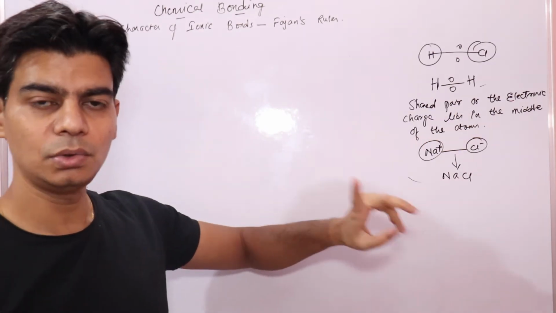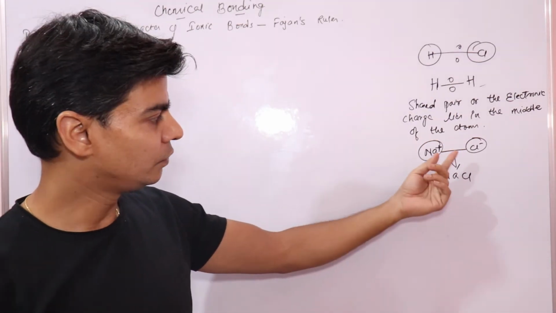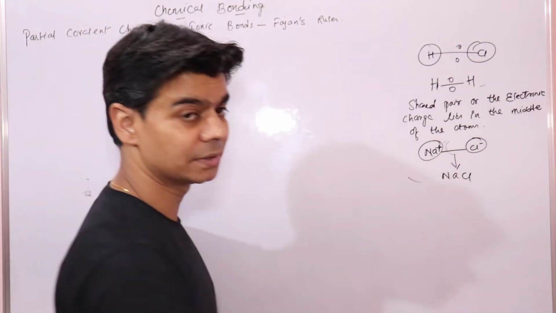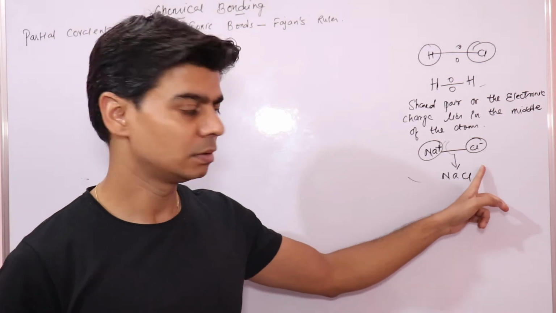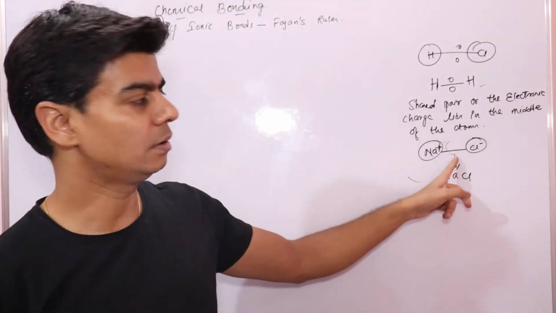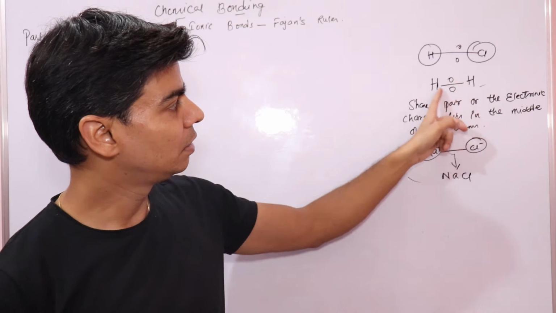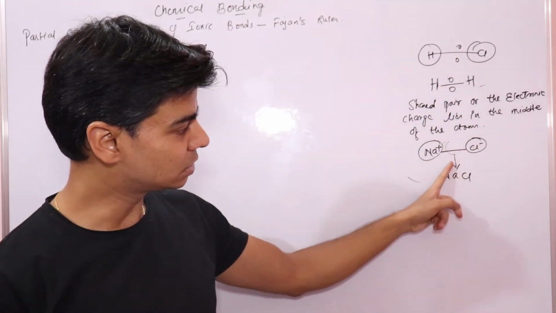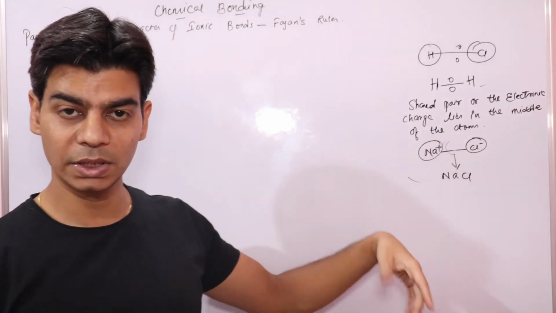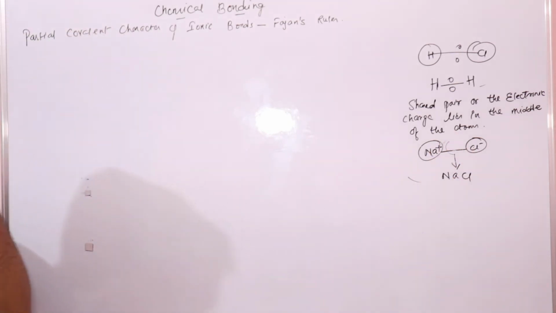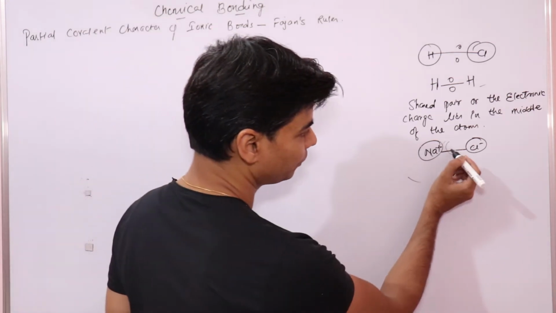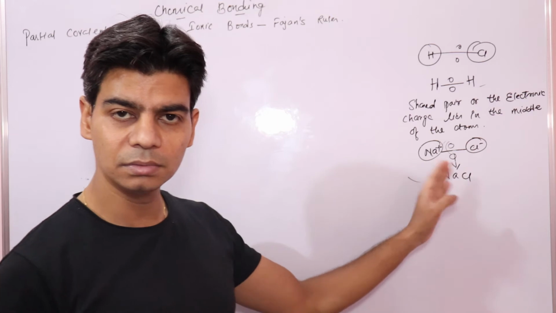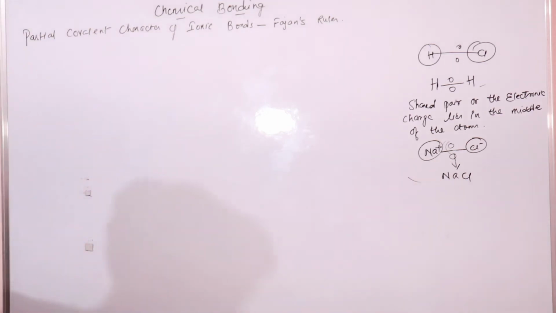To have covalent character we should have some electronic charge between the combining atoms, that is sodium and chlorine, like we have electronic charge between hydrogen and chlorine in HCl. Let's see how this ionic bond develops electronic charge between the combining atoms.